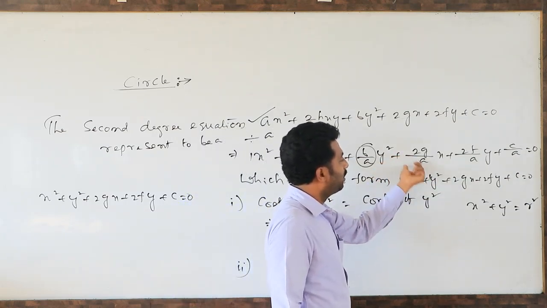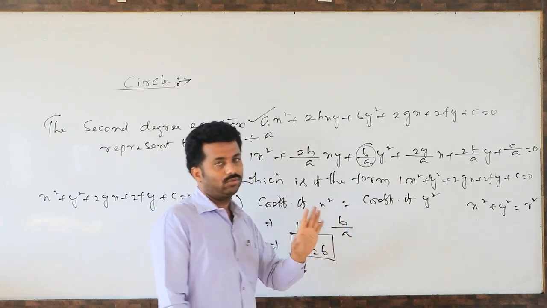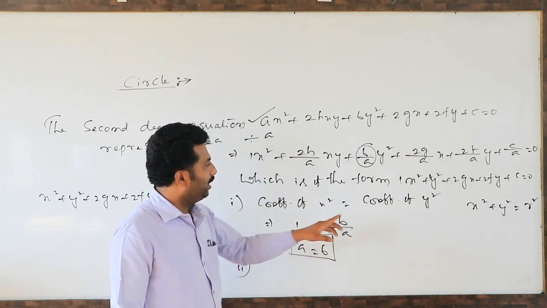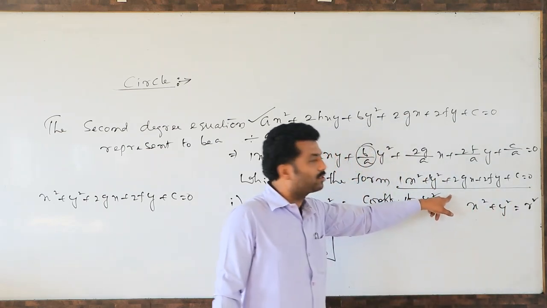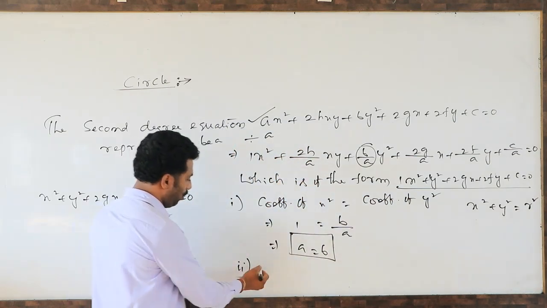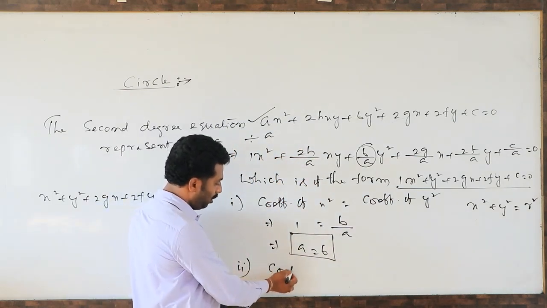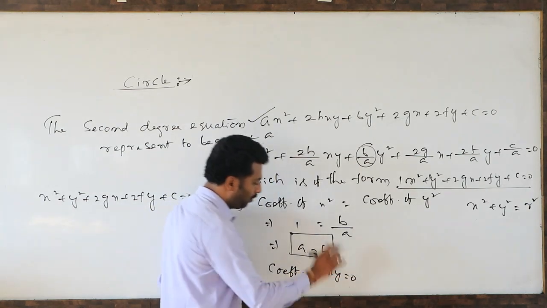In this one we are comparing. Now, what did we compare? Coefficient of x square and coefficient of y square we compared. Next, is there any xy coefficient in this equation? No. Here xy coefficient is there. So, what is the next condition? Coefficient of xy must be 0.